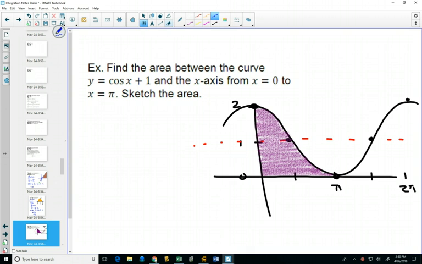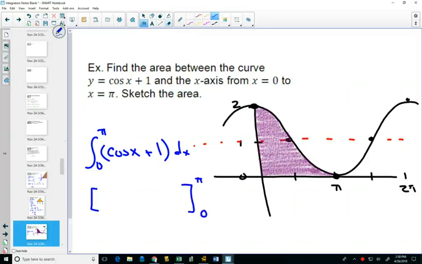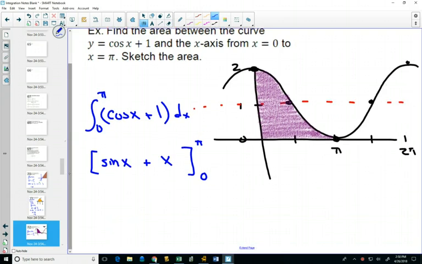Nothing is below the axis. We have an x-intercept at pi, but that's not going to cause a problem. We want to find the integral from 0 to pi of cos x plus 1. Integral of cos is a positive or negative sine? Positive sine, plus x. Set up our brackets.